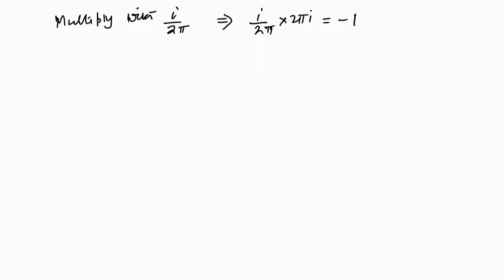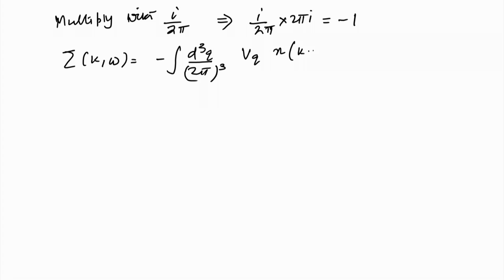Okay. So, then you recognize that sigma k omega becomes equal to a minus d cube q by 2 pi whole cube v q and n k minus q. Since q is being integrated over, I can use q as a dummy variable and redefine k minus q as q. So, q becomes k minus q.